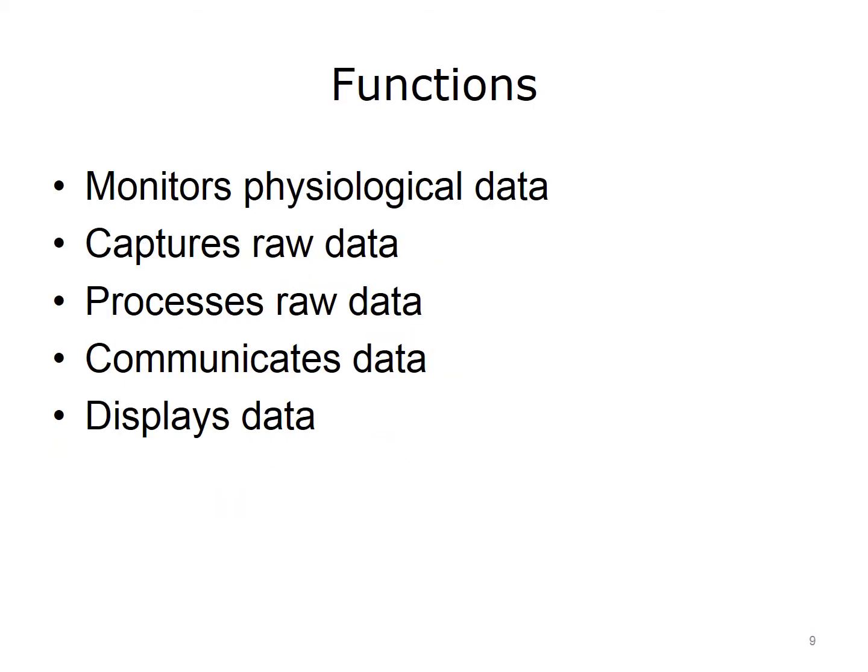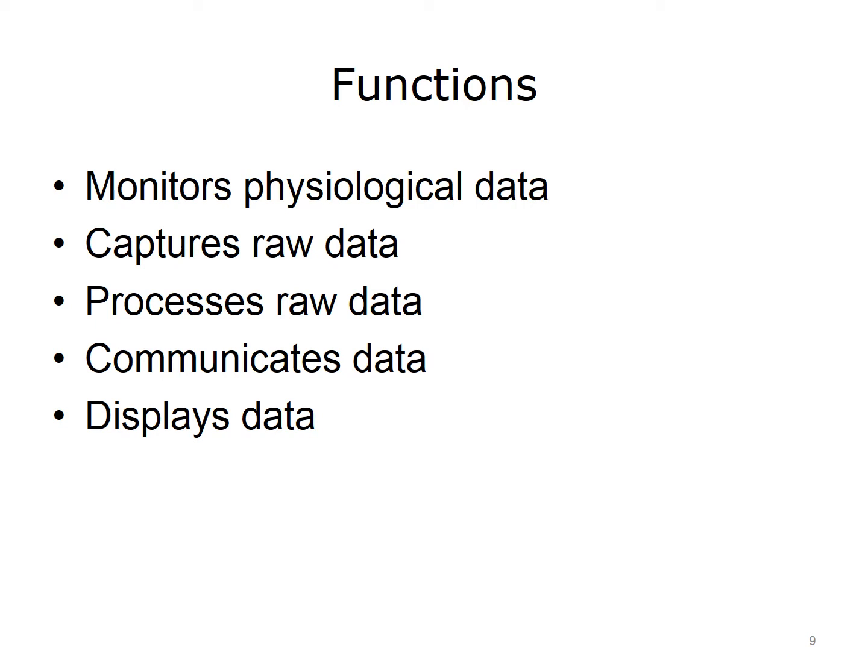A patient monitoring system is about monitoring, whether the monitoring takes place on-site or remotely. The system captures raw physiological data, transmits it, and then communicates it for action on the part of a patient, caregiver, or healthcare provider. Patient monitoring systems may involve data interpretation and the use of information exchange protocols.